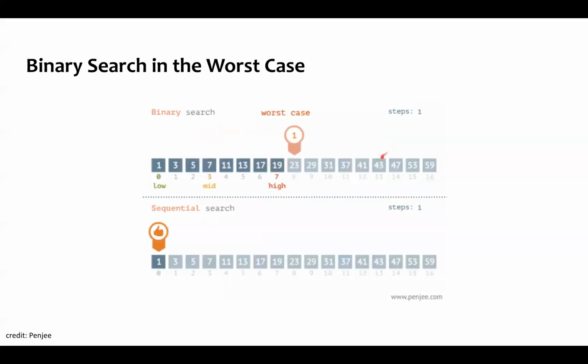And in the worst case, if the value we are looking for is at the front, then we are going to spend 4 steps. However, in sequential search, it takes only 1 step, all right? So this is binary search in the worst case.